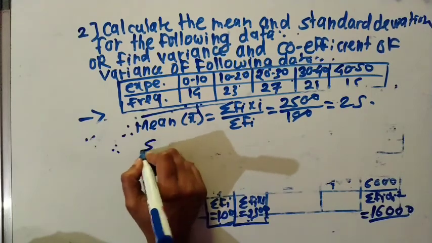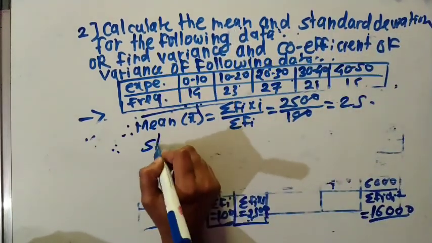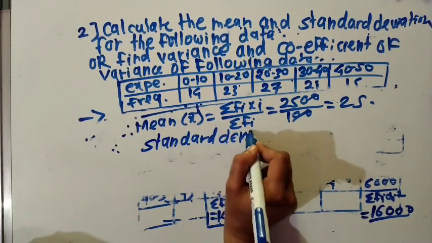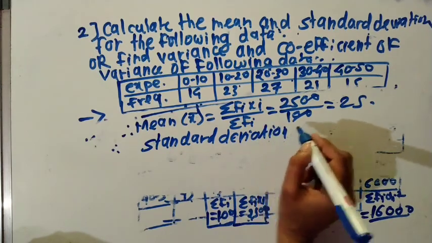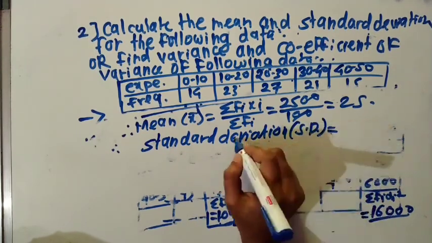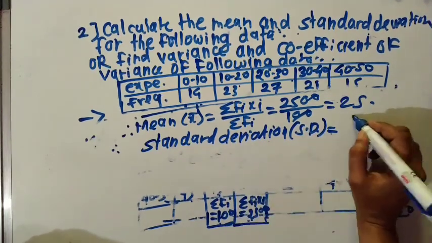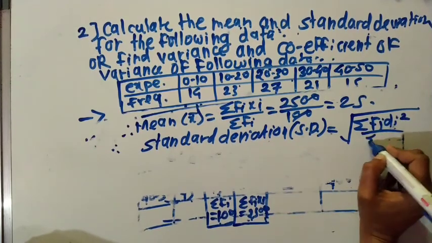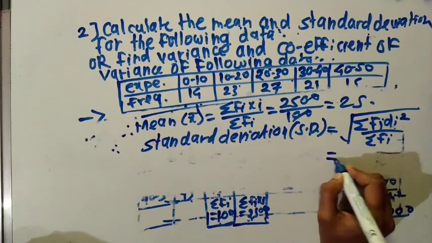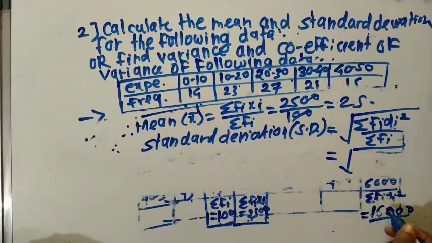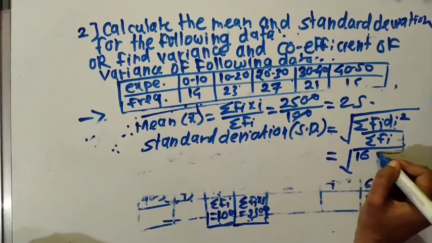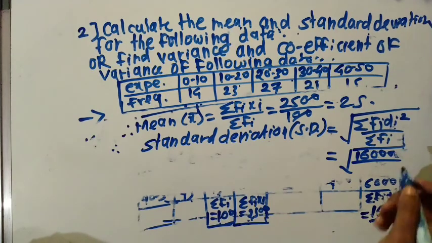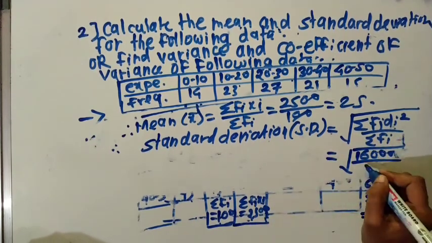Then we calculate the mean and standard deviation. Find out the standard deviation. SD is equal to the root of summation of fi di square upon summation of fi, which is equal to the root of 16,000 upon summation of fi, which is 100.